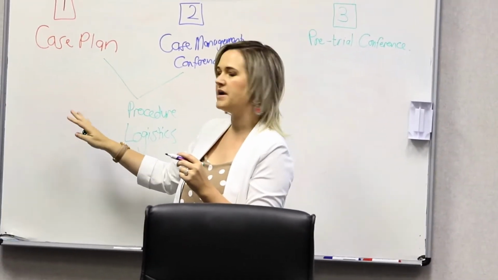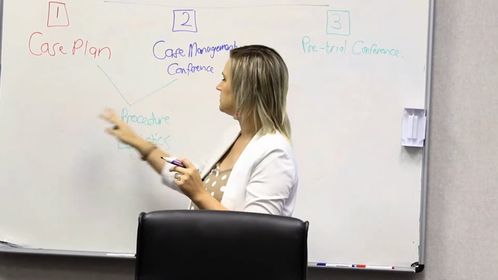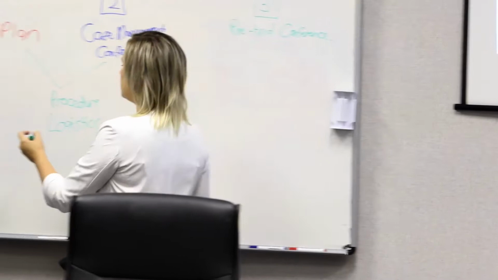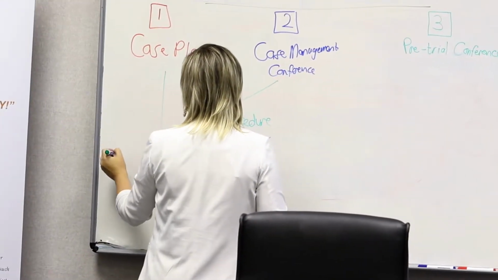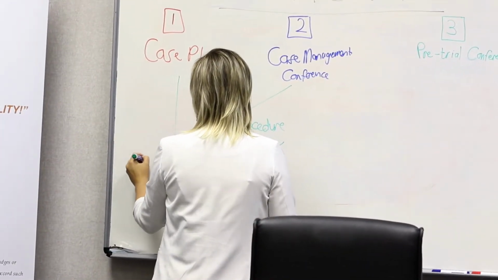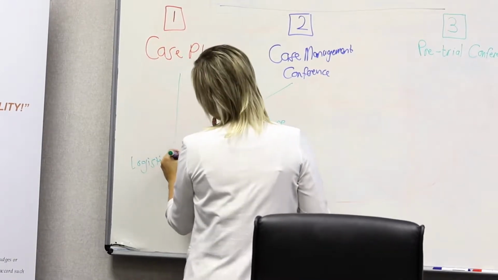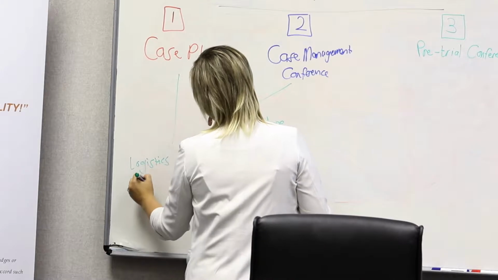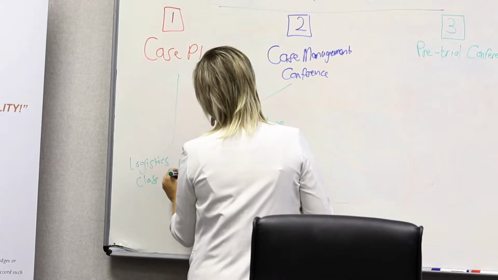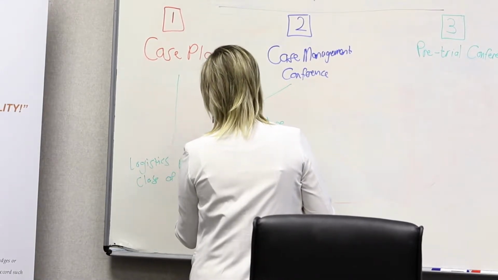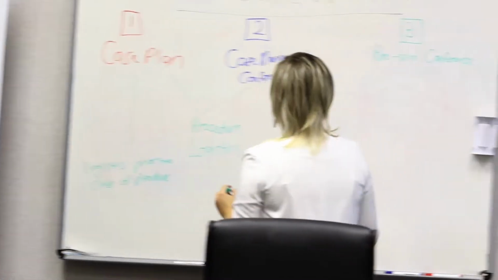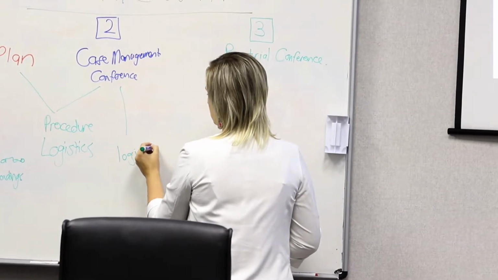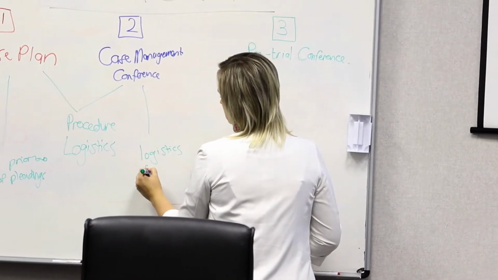It's not going to deal with the merits of the case. It deals with logistics. What are you going to do and when are you going to do it? This one is logistics prior to close of pleadings, and this one is logistics after close of pleadings.